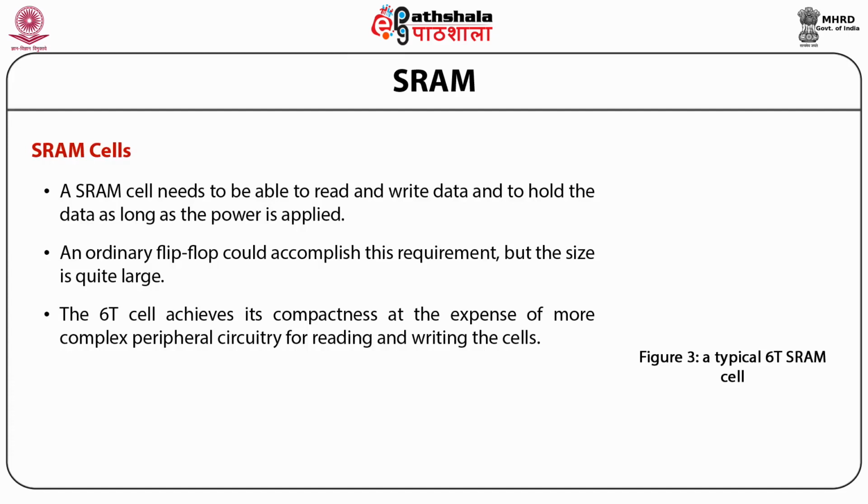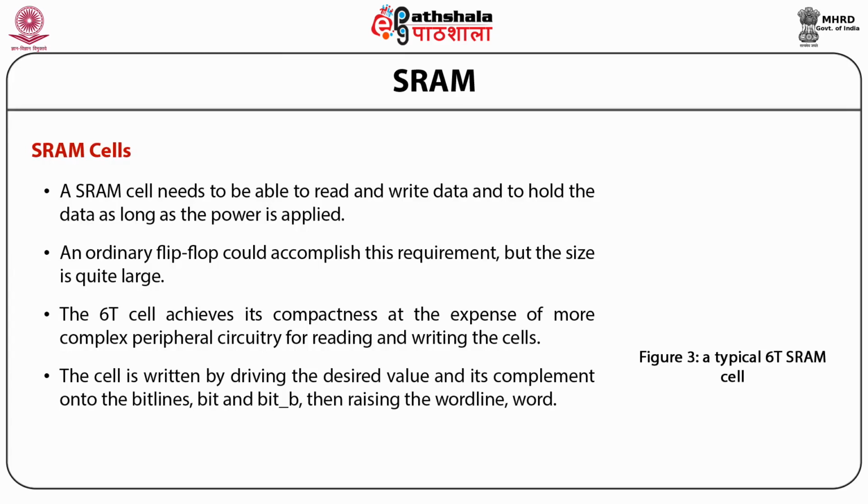It contains a pair of weak cross-coupled inverters holding the state and a pair of access transistors to read or write the state. The cell is written by driving the desired value and its complement into the bit lines, that is bit and bit_b, then raising the word line word.